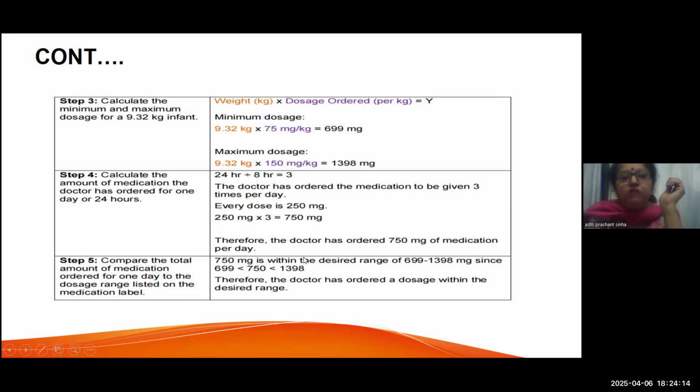So the minimum range was 699 and the maximum range was 1398. So the drug which is prescribed as 75 to 150 milligram is within the range, and he has ordered a dose within the desired range, and it is absolutely correct. Fine. Moving to the next.